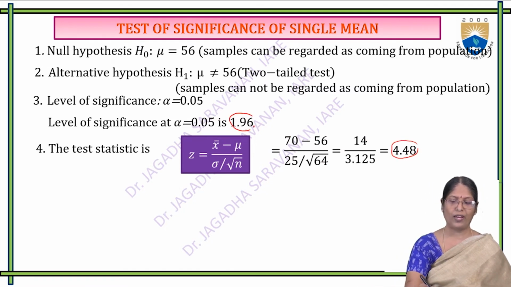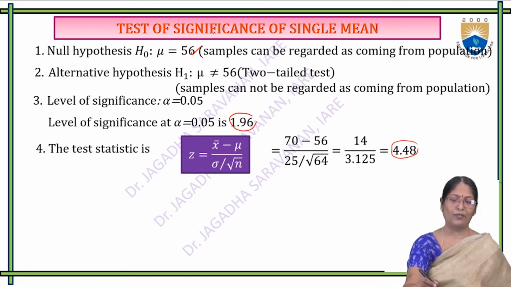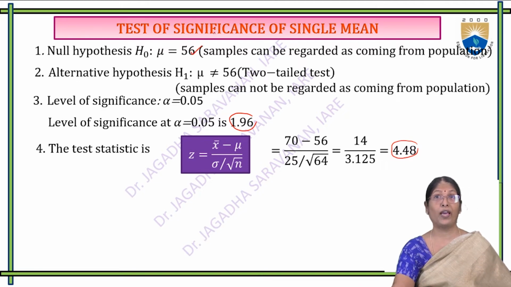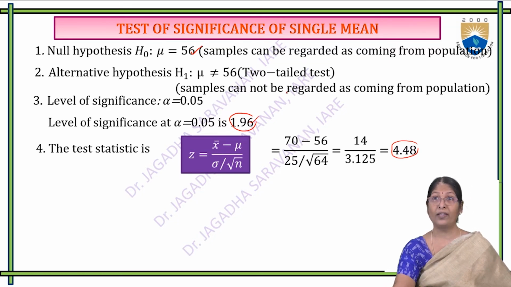The tabulated value is 1.96. So here itself we can tell our tabulated value is not more. For the null hypothesis to be accepted, the tabulated value should be at a higher level.